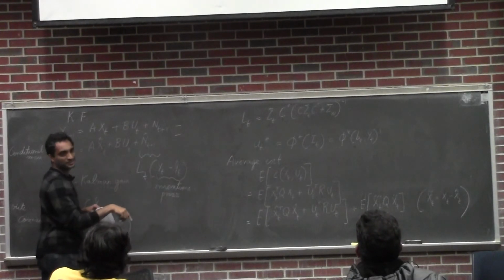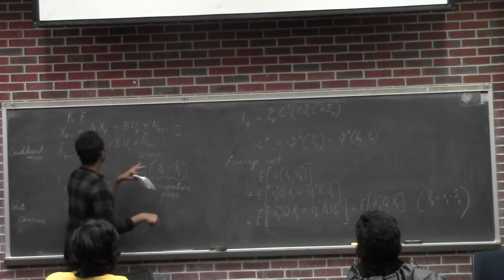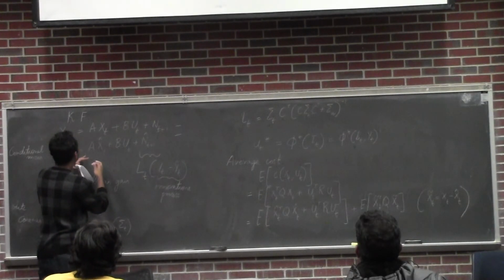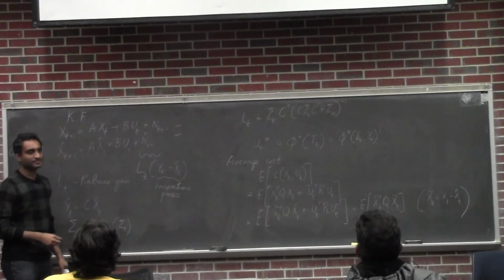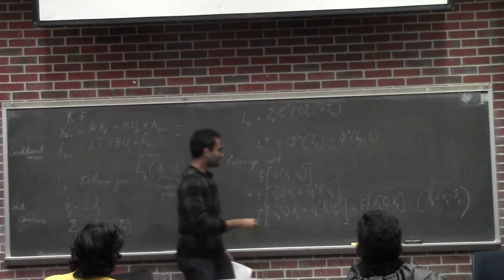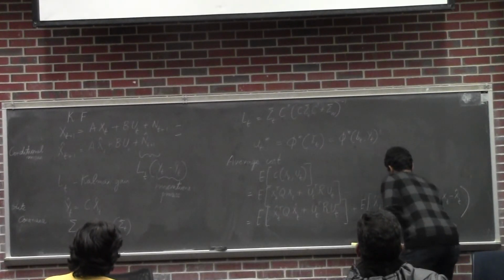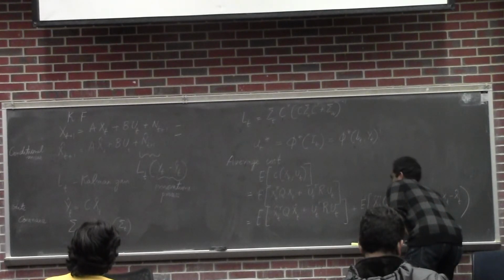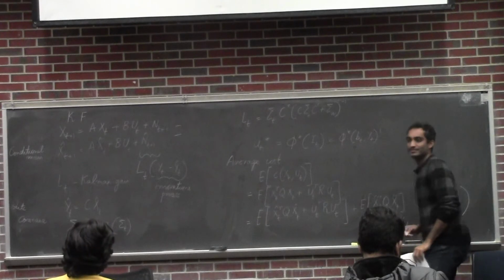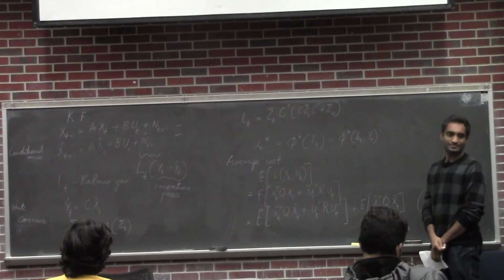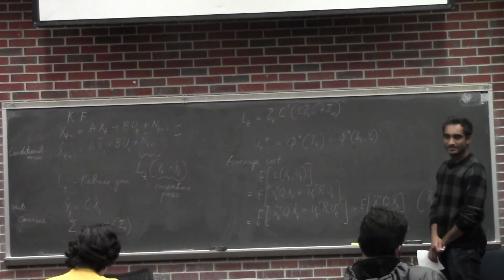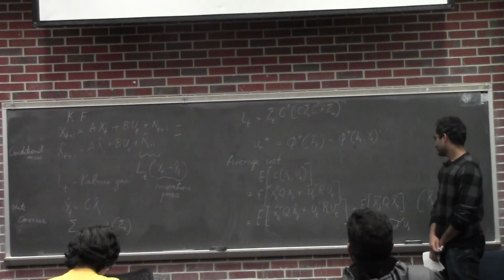So they cancel out, and what remains is just an expression in terms of just x. So the second term is independent of u_t.